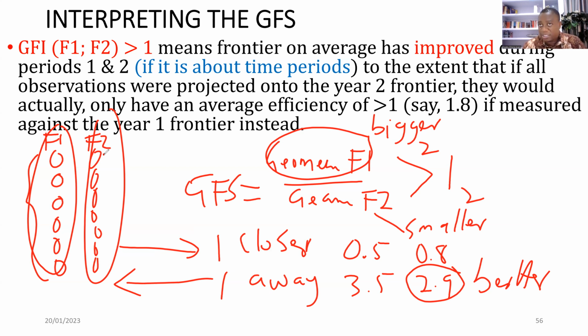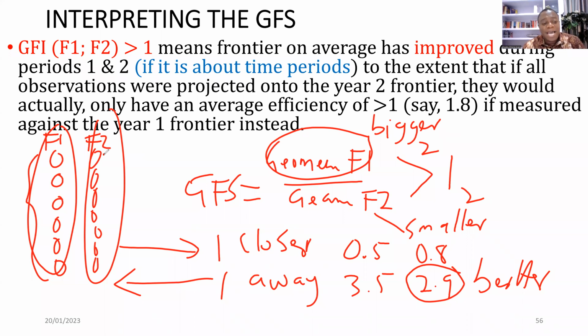Now I have a collective value. So let's say there are 20,000 foreign firms and 15,000 domestic firms, and I have several of these scores. Some are efficient, some are inefficient, some are super efficient.